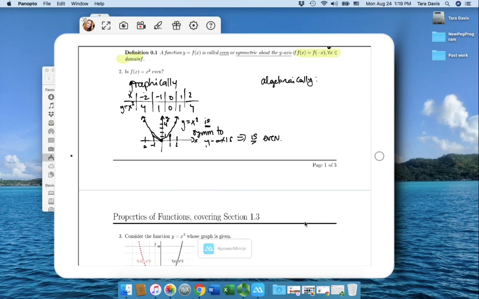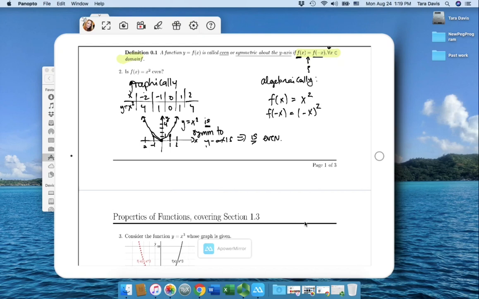So we're going to compute f of x and f of minus x, and we're going to see whether or not they are equal. Okay, so f of x, by the definition, equals x squared. And f of minus x, by the definition, equals minus x squared.